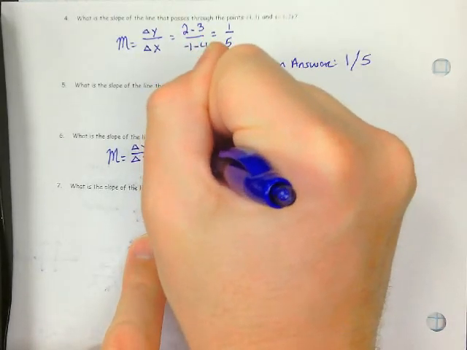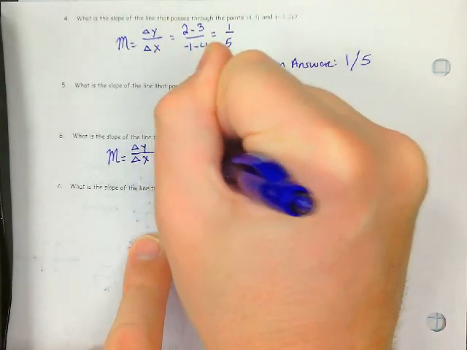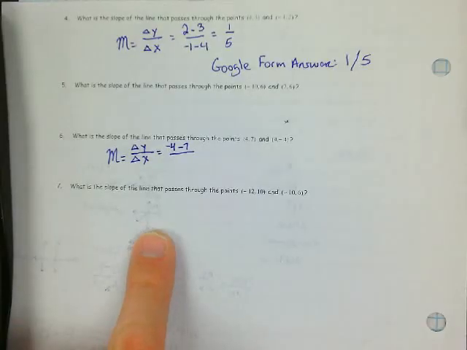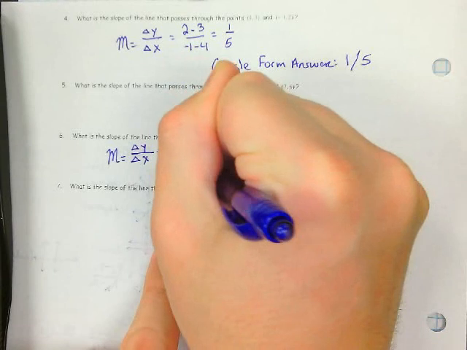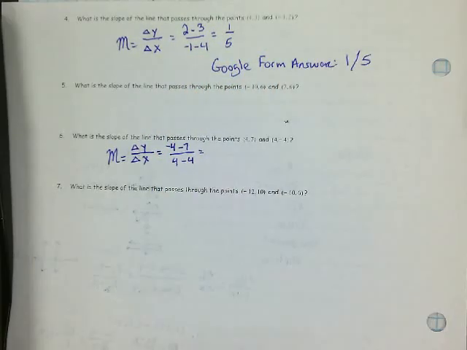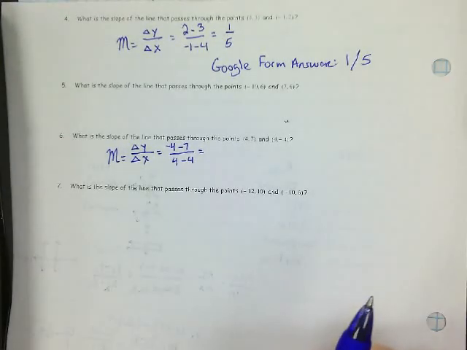So here we go. We're going to do negative 4 minus 7 over 4 minus 4. What's going to happen here? Not a zero slope. It's an undefined slope.